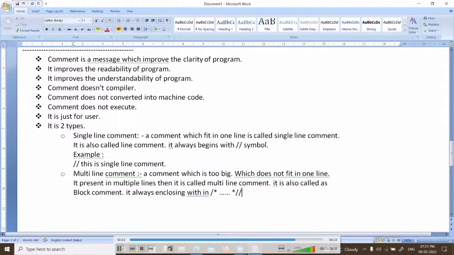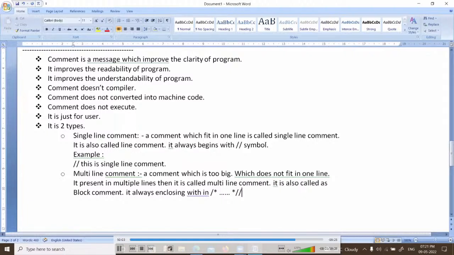This is an example of a multi-line comment. It is in multiple lines, like that. Finally you write star and slash. So this is about multi-line comments. In this way, you can write comments in two ways. One is single line, second one is multi-line comments.